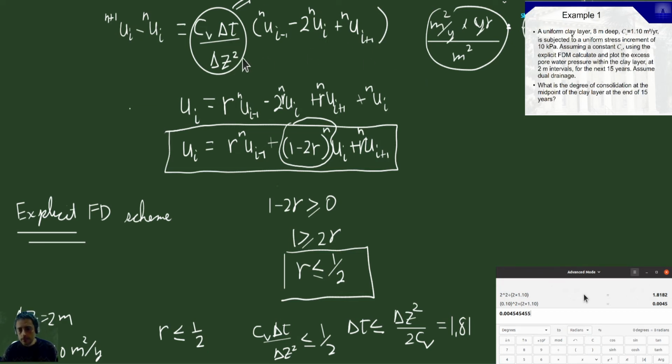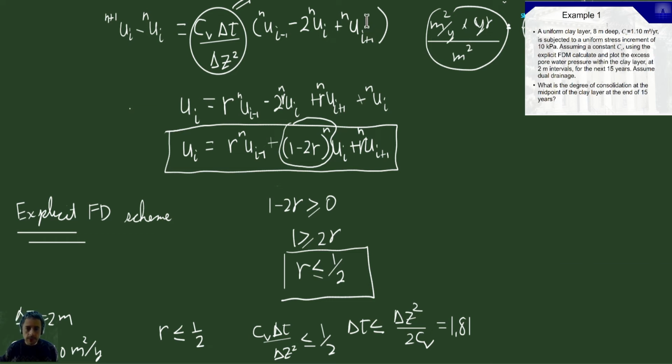But remember that these are hard and fast rules to solve explicit finite difference problems. So we said 1.8 years, so let's take time intervals of 1 year. So what happens after 1 year?